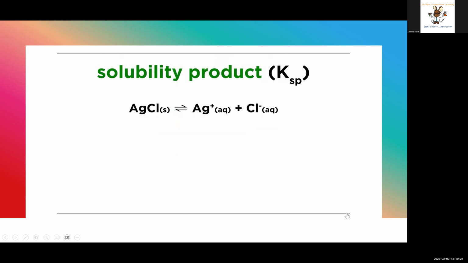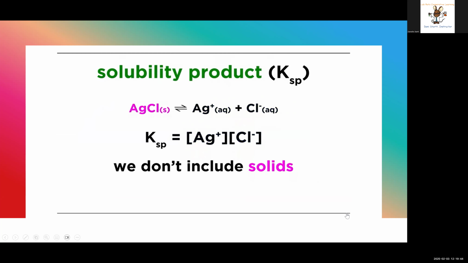Just as with any other type of equilibrium, there must be an equilibrium constant to describe it, and that's the solubility product. As we might guess, this will simply be equal to the product of the two ion concentrations in solution, each raised to the power of their stoichiometric coefficients, which in this case is simply 1 and 1.